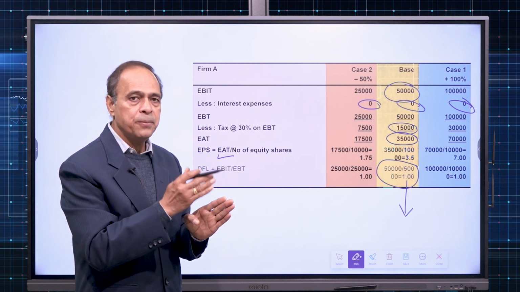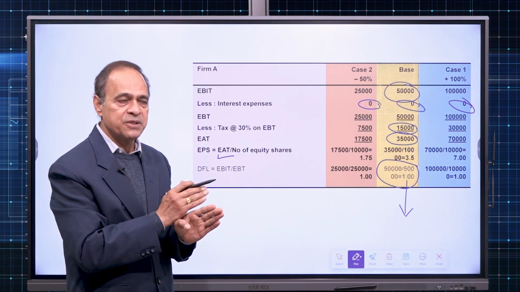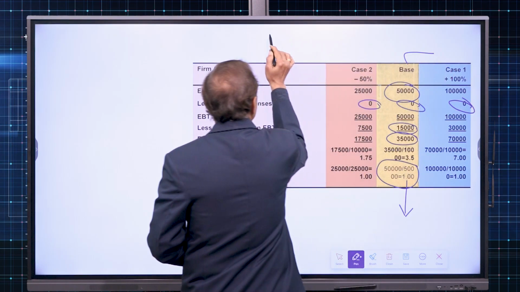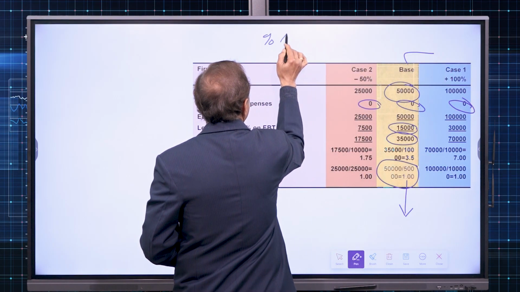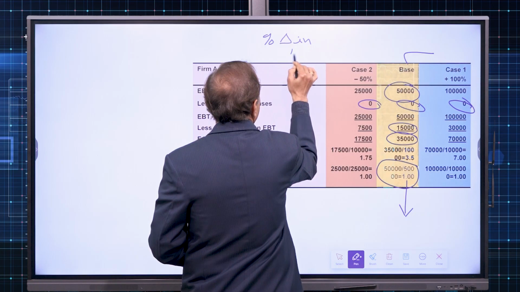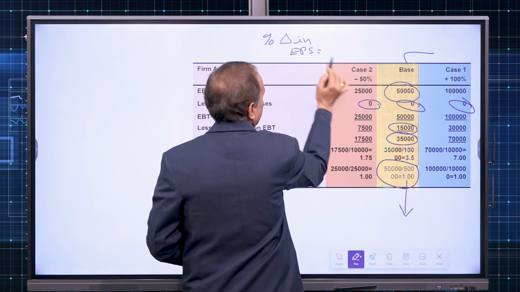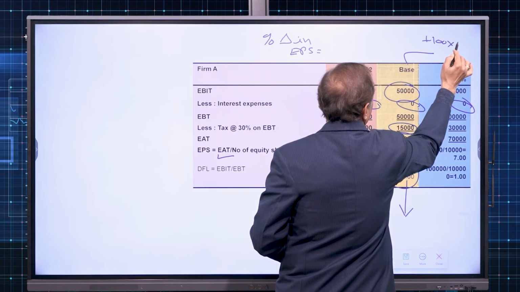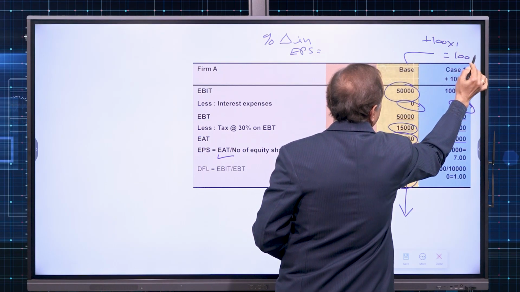Now what are we given? We are given up 100%, down 50%. That means from this case, how much will be the percentage change in EPS? For this case it will be plus 100 multiplied by 1, that is 100%.